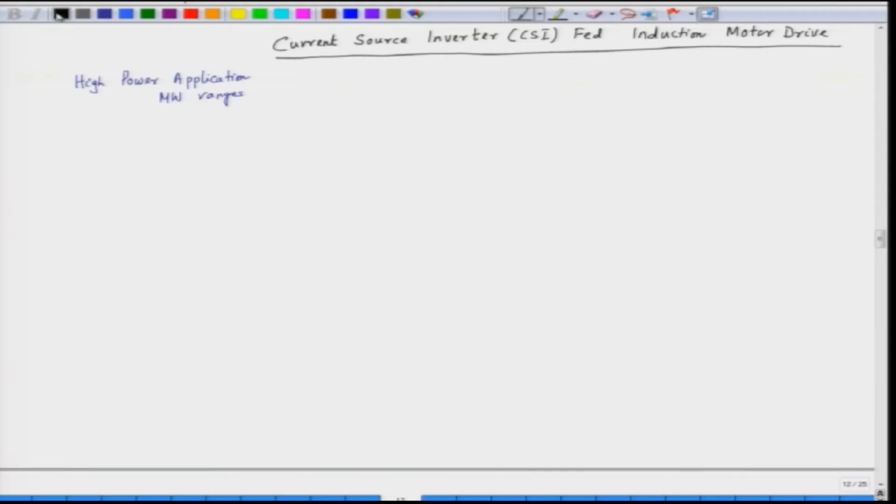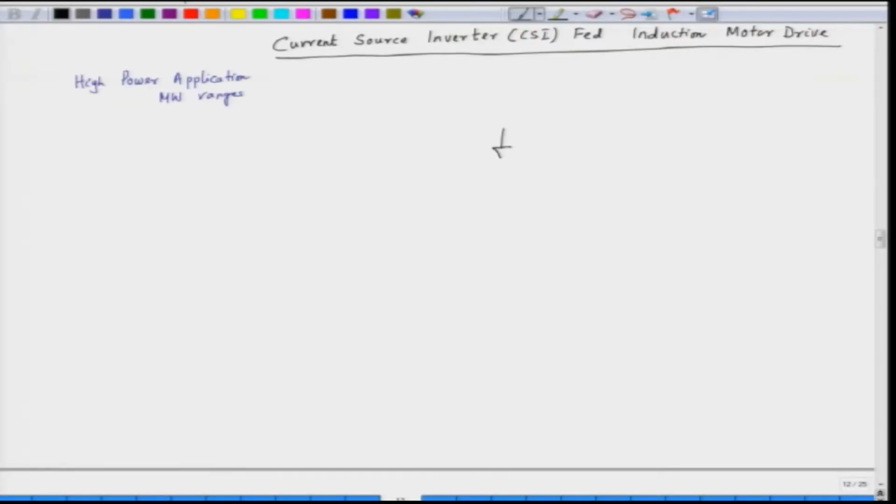Now, if we draw the circuit diagram of a typical current source, which is realized by means of thyristors, the current source will appear as follows. So, we have the SCRs and the diodes.